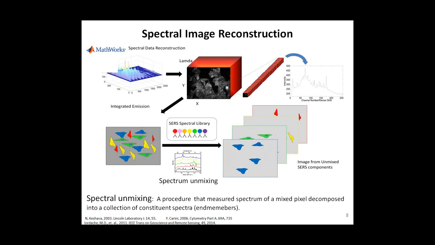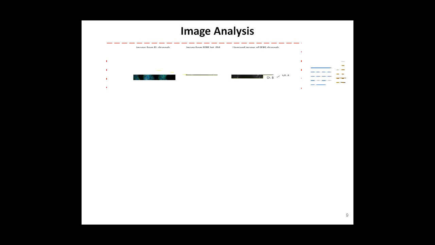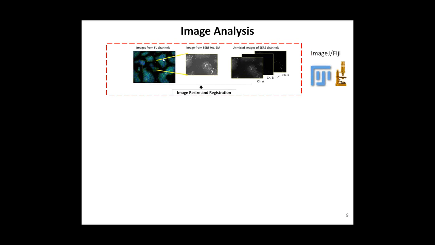After we acquire the image reconstruction, we have images from fluorescent channels and images from SERS interpolation. We also have the unmixed images of each individual SERS channel. Then we'll go through first the registration process, because all the images are acquired from different imaging modalities.